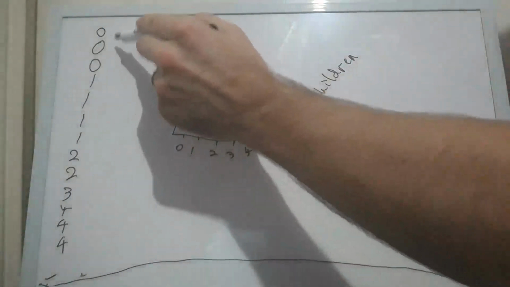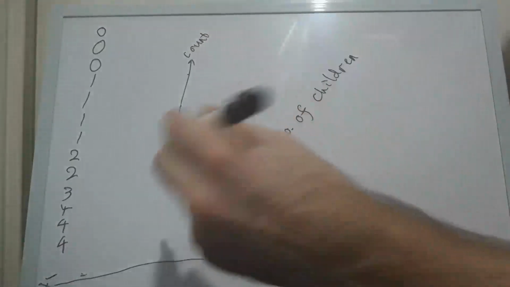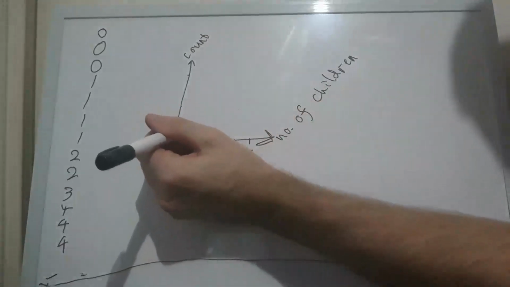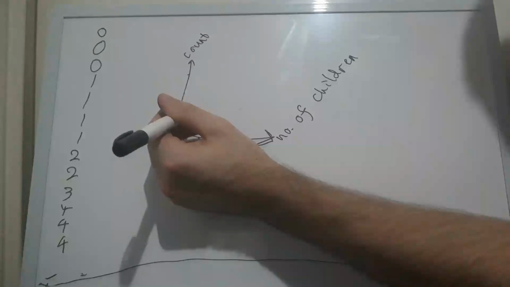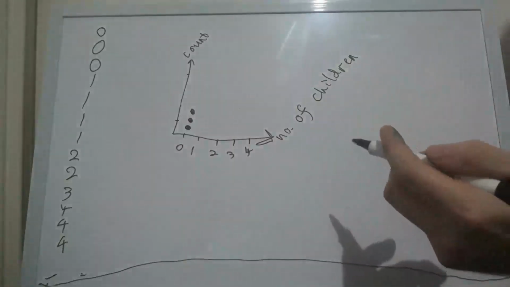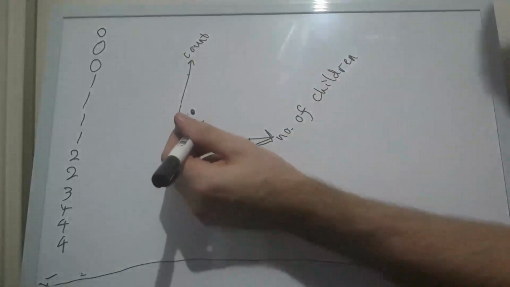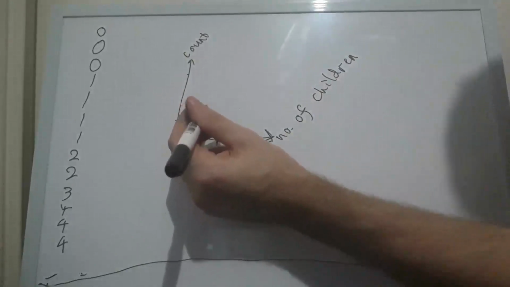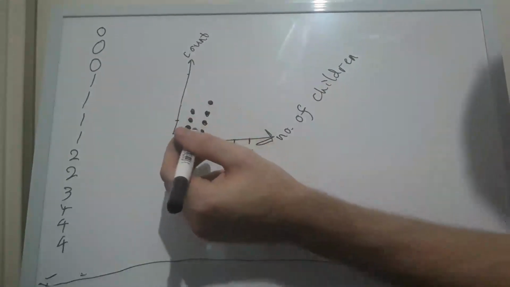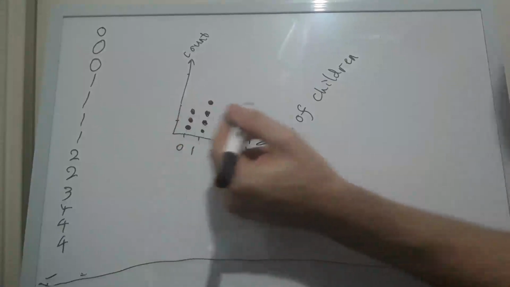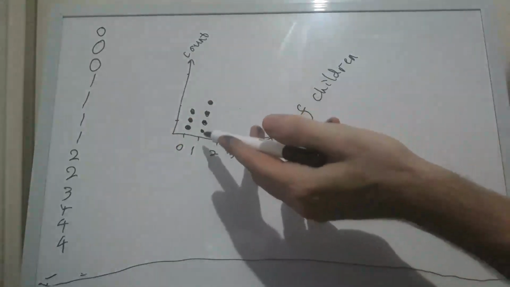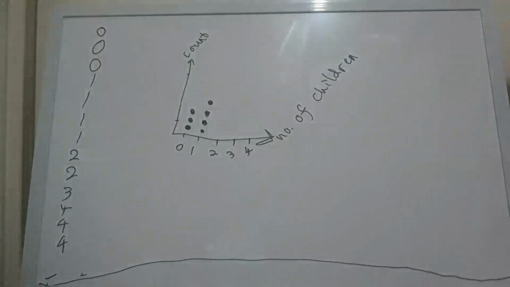But we have 1, 2, 3 families that have 0 children. So, 1, 2, 3 dots. We have 1, 2, 3, 4 families with 1 child. 1, 2, 3, 4 dots. You want to try to keep the dots roughly in line with each other, so you don't want to have a column of 4 dots being the same height as a column of 2 dots.